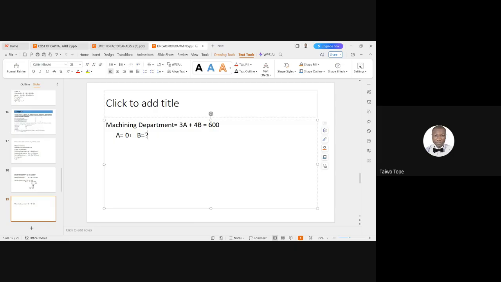I will now say 3 into the bracket of 0, replacing A with 0 because A is assumed to be 0, plus 4B equal to 600. 3 times 0 is 0.